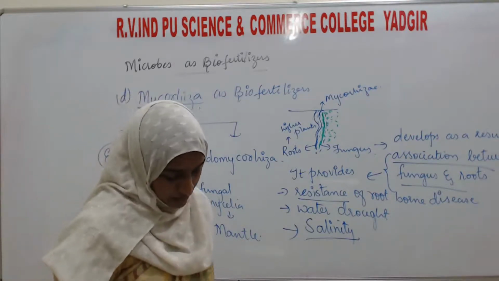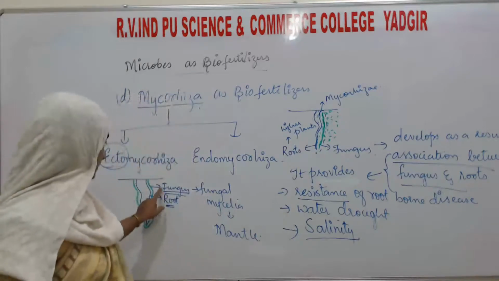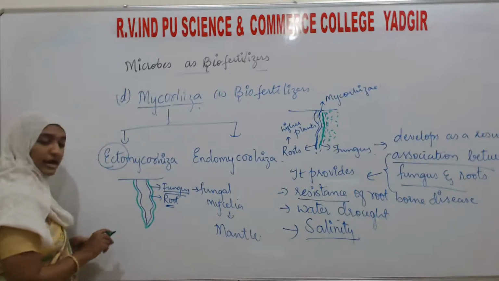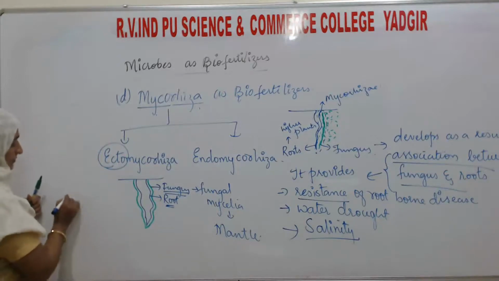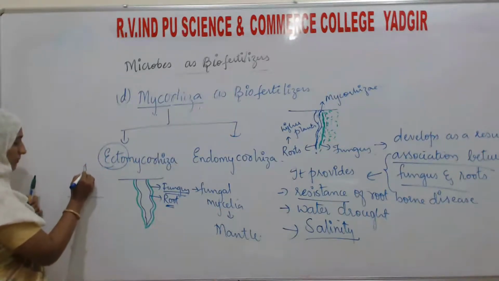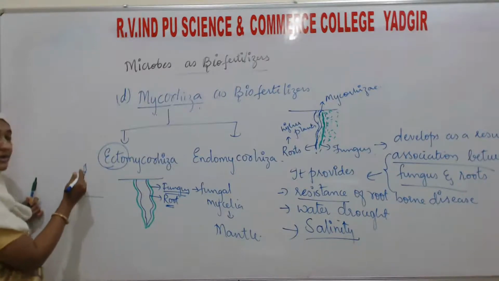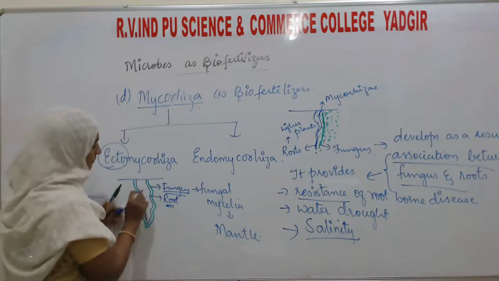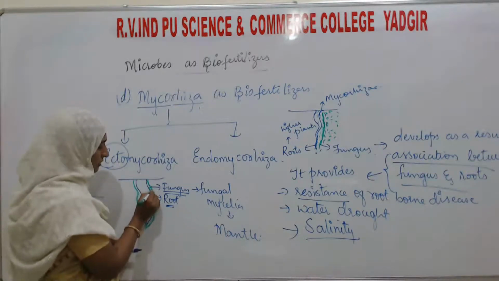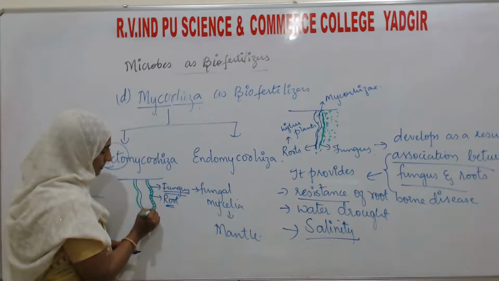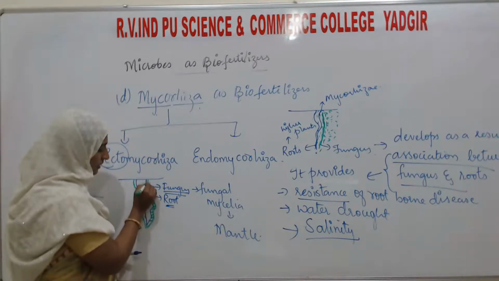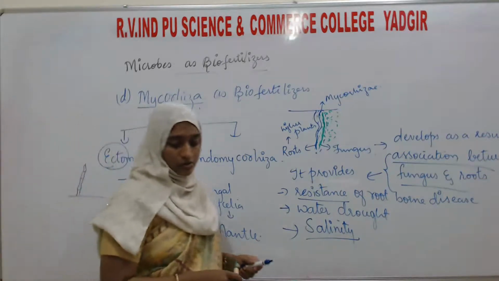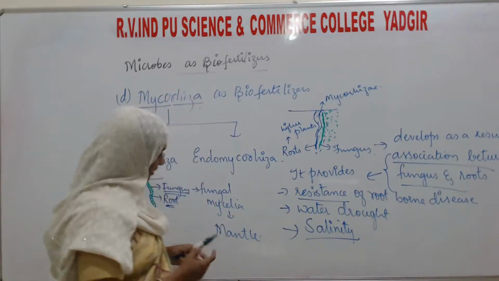Here, you have already studied the structure of fungus. See, these are the hyphae, separate hyphae. Sometimes they will penetrate into the root like this. They will penetrate into the soil or into the root.